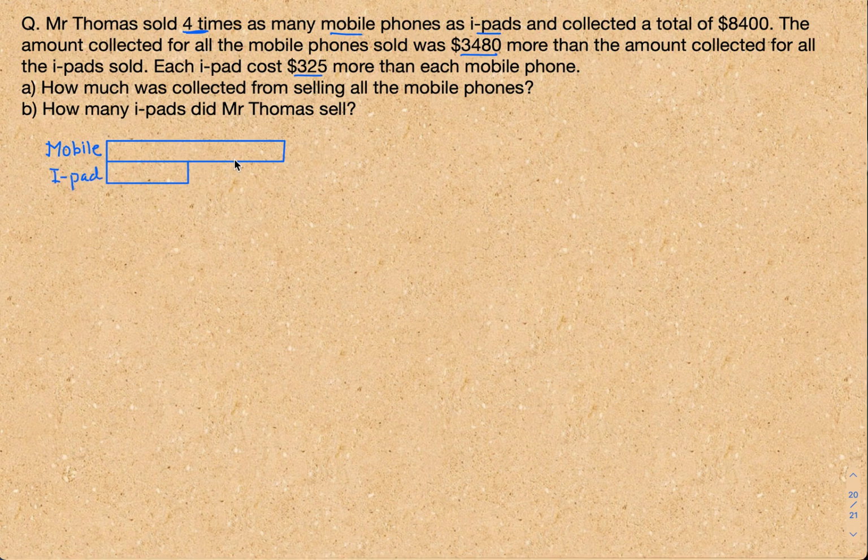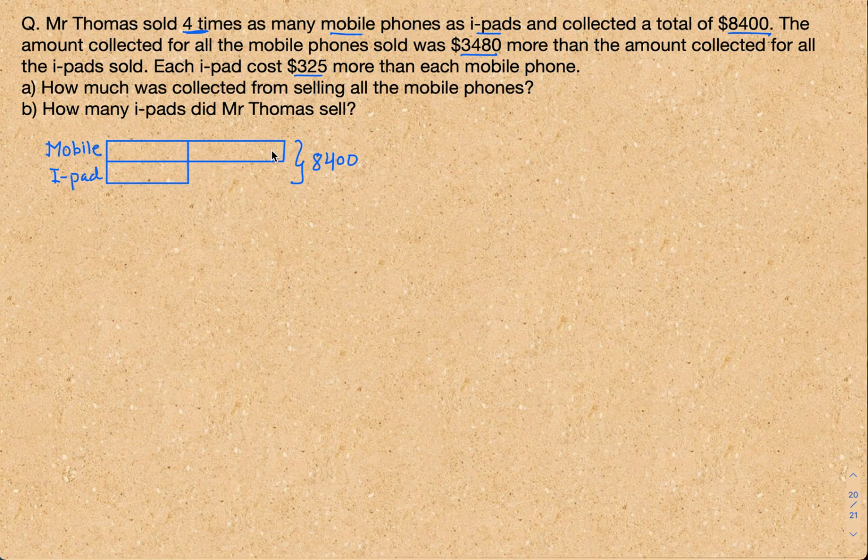And so that means in total, how much was collected? It was $8,400, right? That means this altogether is $8,400, right? And we also know that the amount collected by selling the mobile phone was 3,480 more, which we can show here like this.